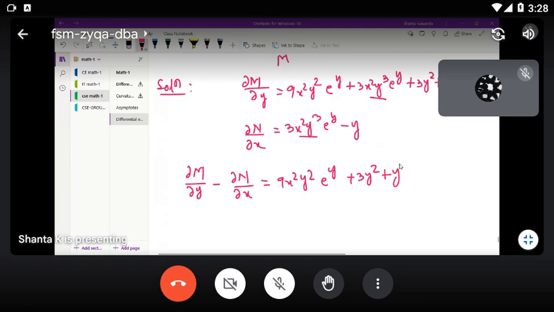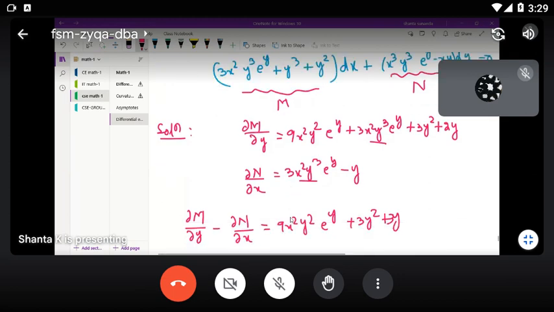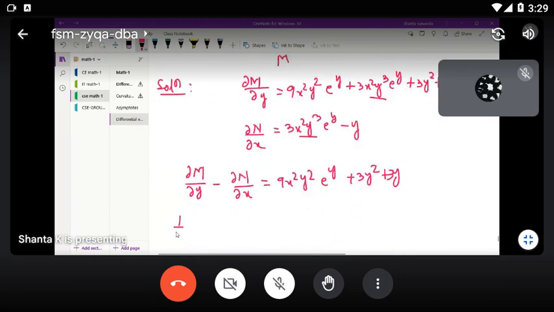Oh, 3y, yes, 3y. Now if you divide it by m or n, both are there. Okay, possible. I think if you divide by m, it's near to that. Let's see.